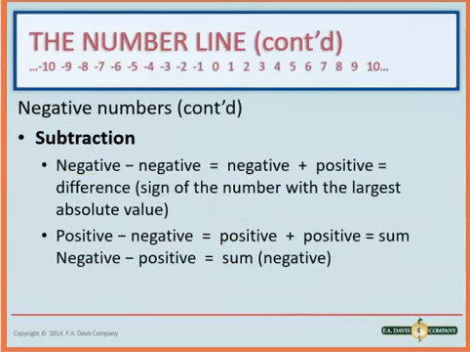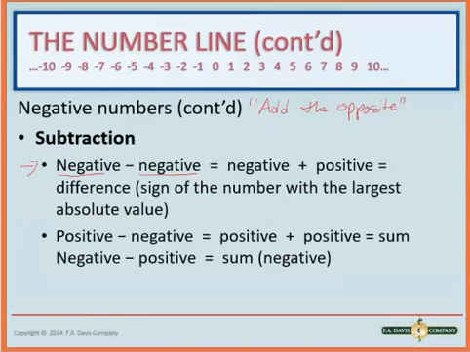So we just did addition of negative numbers, so let's look at subtraction of negative numbers. First off, let's look at what you would do in a scenario where you're subtracting a negative number from a negative number. And there's a little trick that you need to remember, and you may have heard of this little trick or saying in middle school, but the saying is add the opposite.